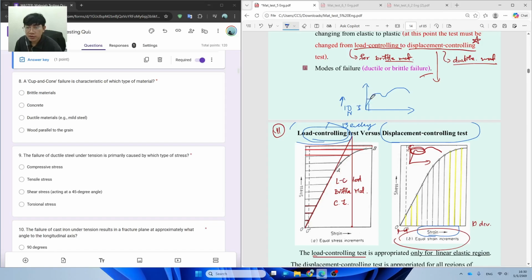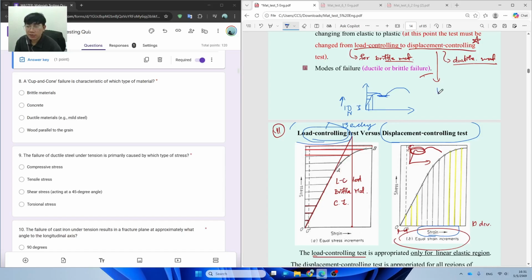But during the plastic region over here, the load is not going to increase, so the machine is not going to record the force during this stage, which means our sample deformed, but we have no data about it.